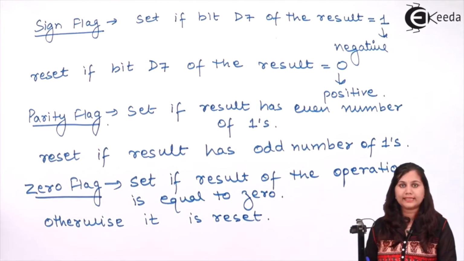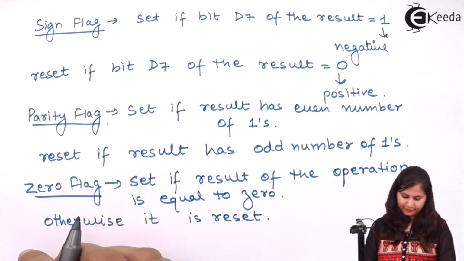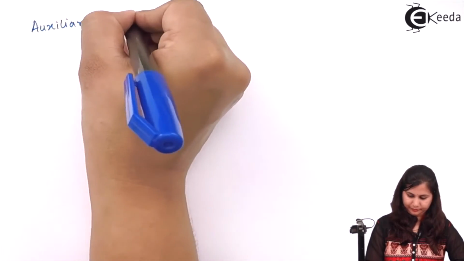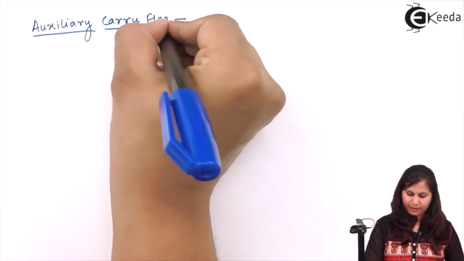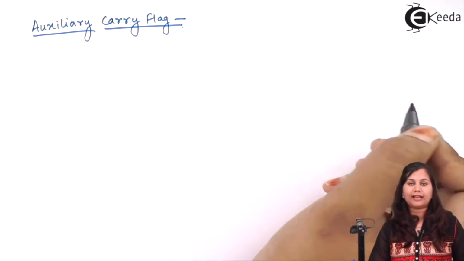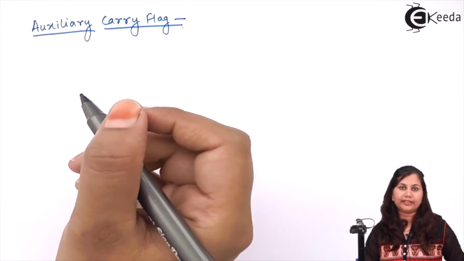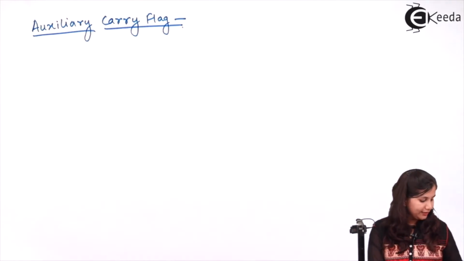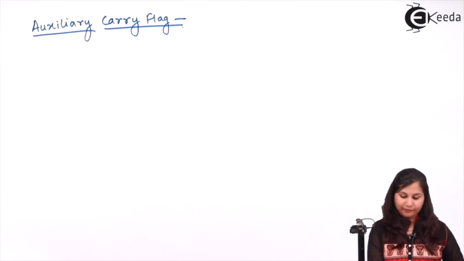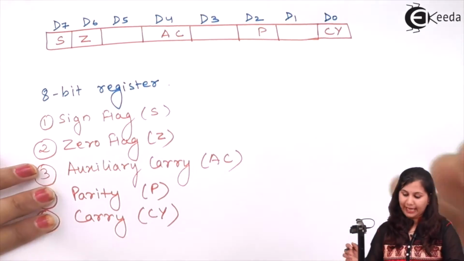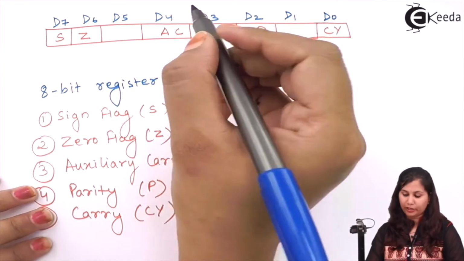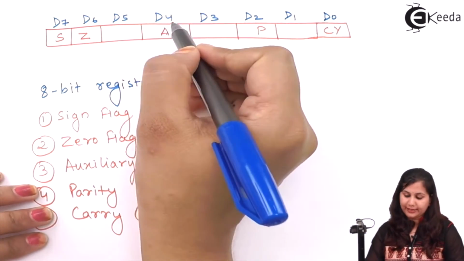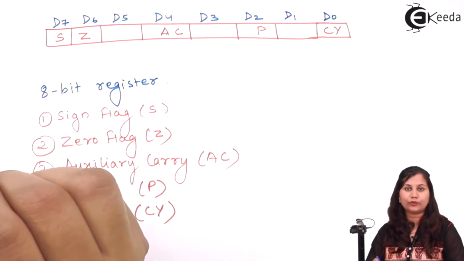Next we have the auxiliary carry flag. This auxiliary carry flag is set when a carry is generated from bit D3 to bit D4. You can see in the flag register we have denoted this auxiliary carry flag at the D4 bit. So if a carry is generated from D3 to D4, then this auxiliary carry flag is set to 1.